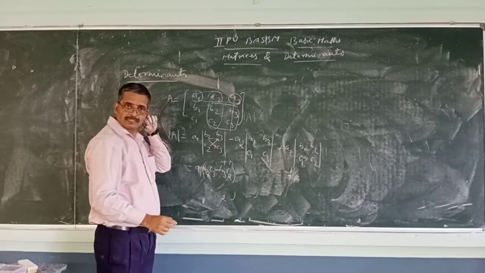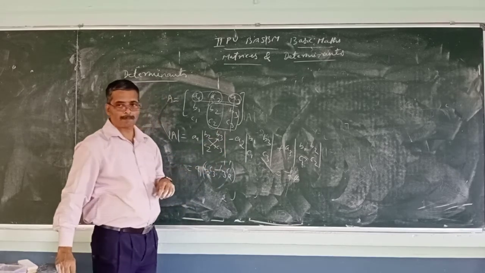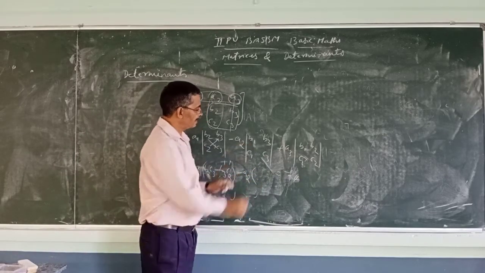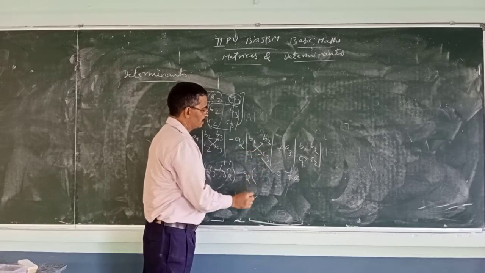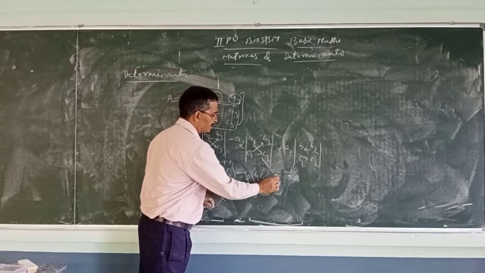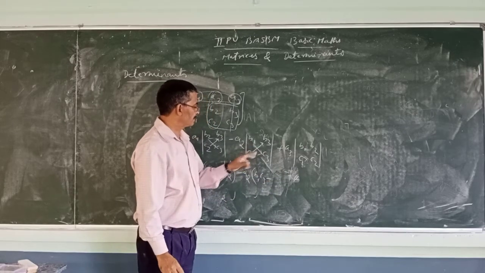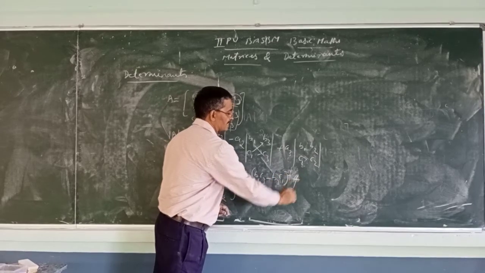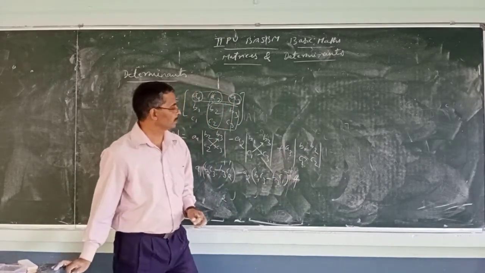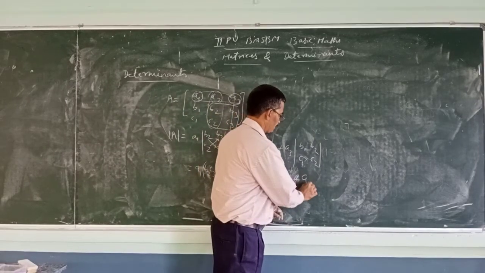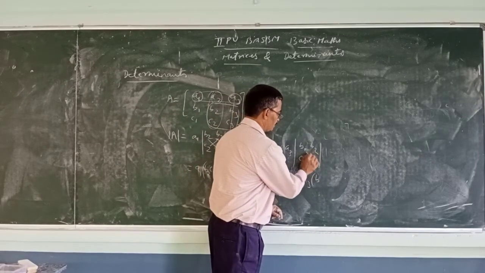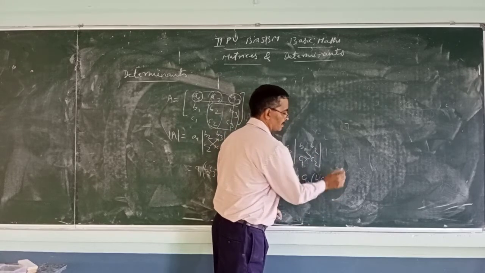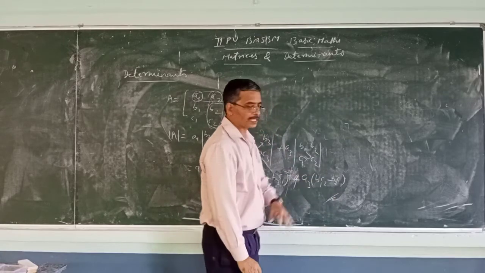Minus A2 into B1 C3 minus B3 C1, not C1 B2, that is not the same. Plus the last one, A3 into B1 C2 minus B2 C1. This you know how to expand.